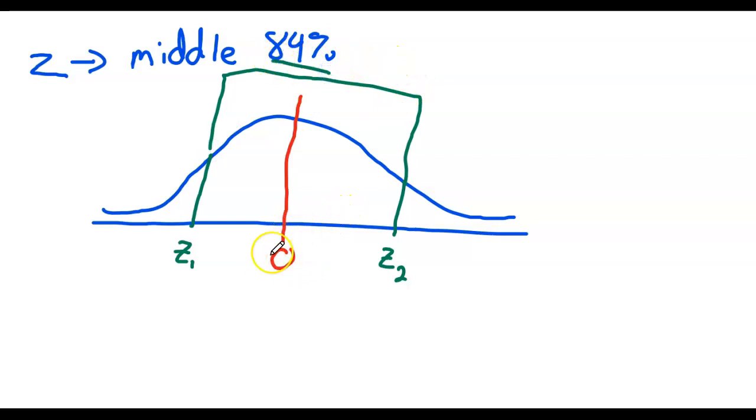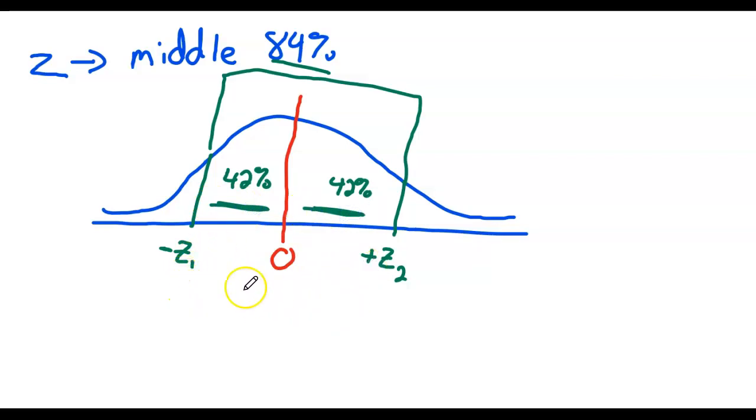Well, this is 0, so we know that this is going to be a negative z, and this is going to be a positive z. I haven't drawn this very well, but this is symmetric, so what that is saying is that this is 42%, and this is 42%, because I want the middle, so I'm going the same amount this direction as I am this direction.